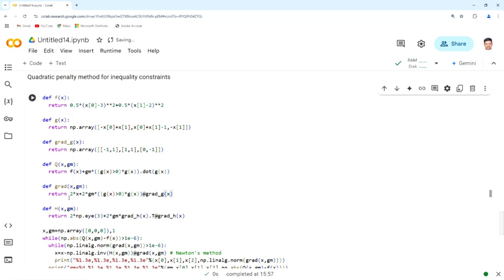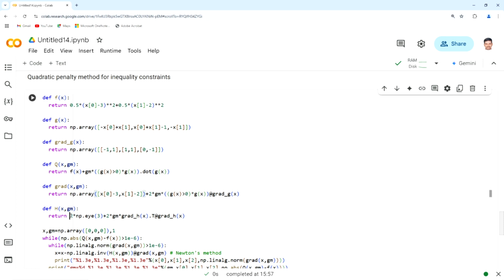And the grad f of x is different, it is np dot array of x of 0 minus 3 comma x of 1 minus 2. Okay. So, this is going to be the same, it is just 2 gamma into g of x into del g of x. Okay.